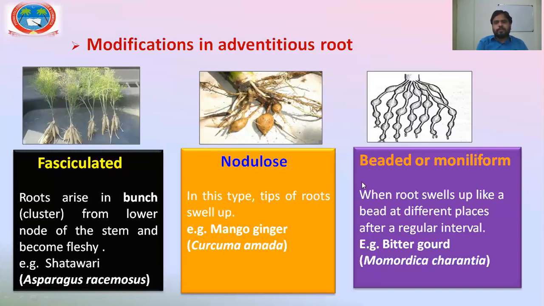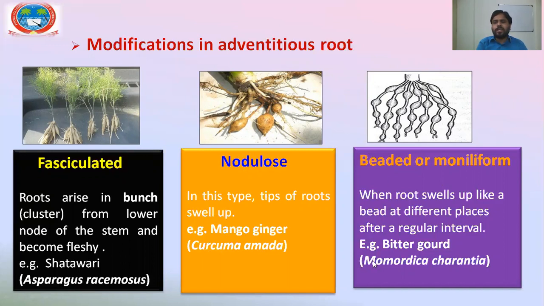And the next one is the beaded or moniliform root. In this type of root, the root gets swollen at certain intervals and forms a structure like a bead. That's why it is called a beaded or moniliform root.